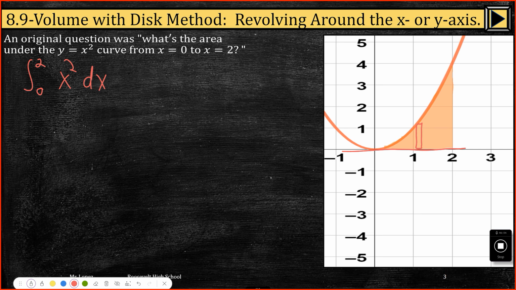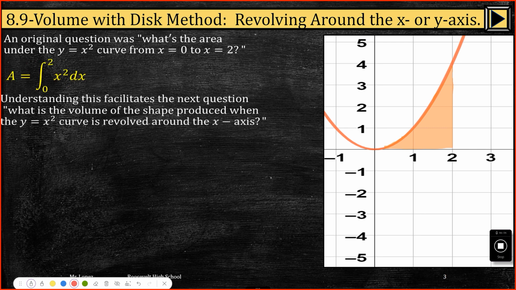That's what we know. But what would it be if we rotate this thing around the x-axis? If we rotate this, you're going to get a spinner. If we rotate this around an axis, then you will get this graph.